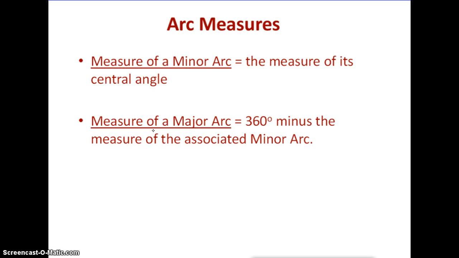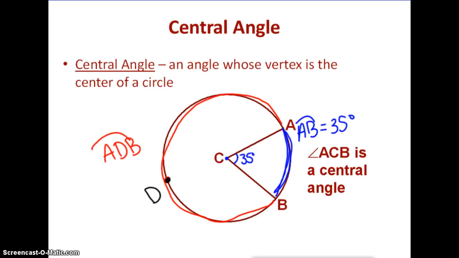Now, the measure of the major arc is going to be 360 minus the minor arc. Because the whole circle adds to 360, and I know this blue piece is 35 degrees, then arc ADB will be 360 minus 35. I don't know why I said divide, that's so weird. So 325 degrees.